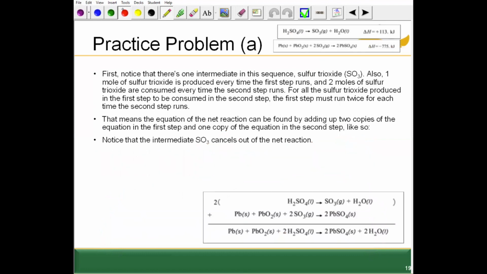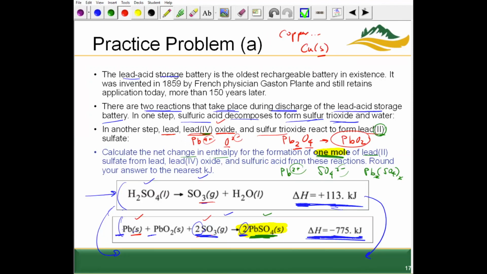So we want to know information about lead 2 sulfate, but we have these two reactions to think about, each with their own different delta H or enthalpy of reaction. Also to point out here, we're calculating the net change in enthalpy for the formation of 1 mole of lead 2 sulfate from lead, lead 4 oxide, and sulfuric acid.